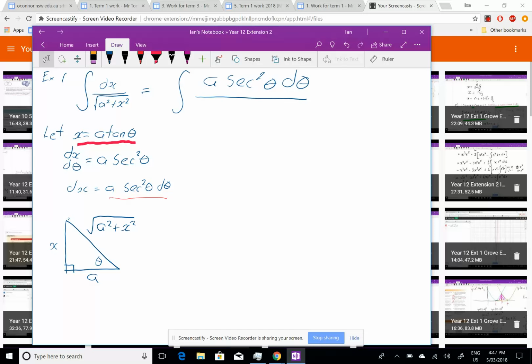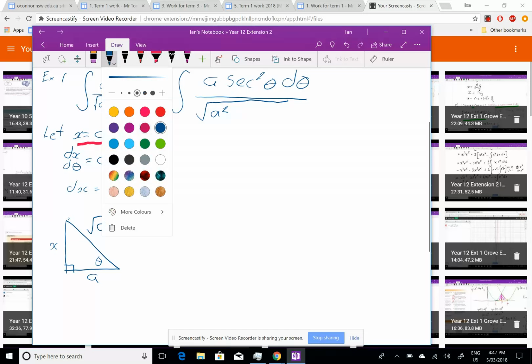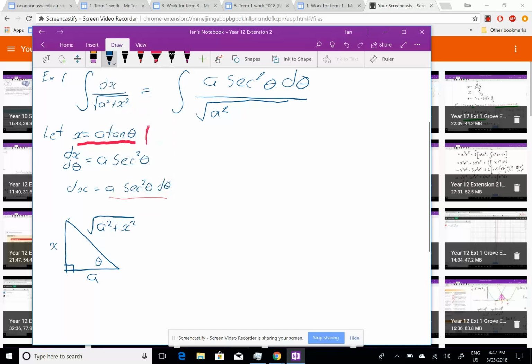Well, we'll just leave that, and we'll get the square root of a squared. But x squared, we're going to use this thing here and square all that. Work it out. So we're going to get plus a squared tan squared theta.